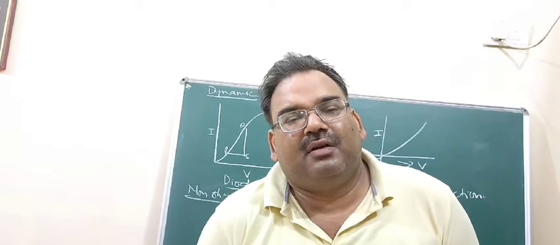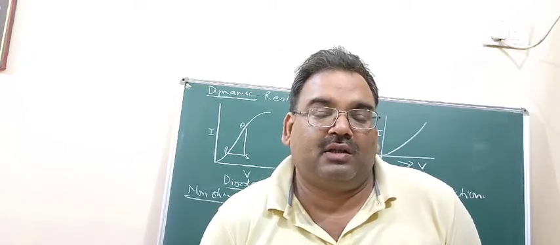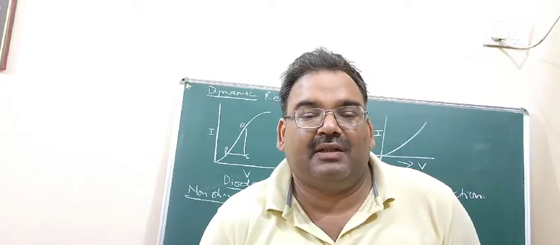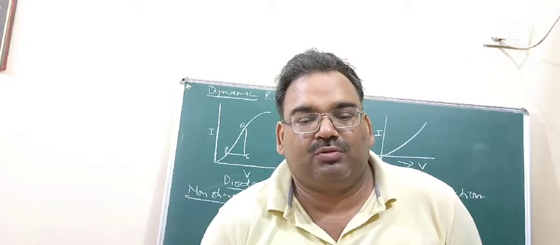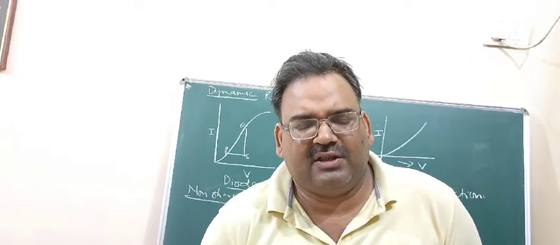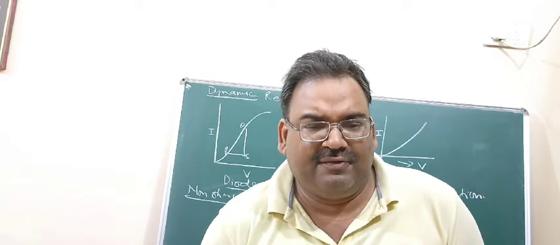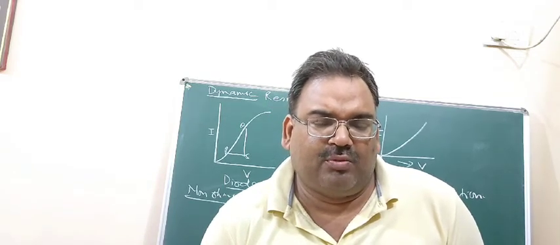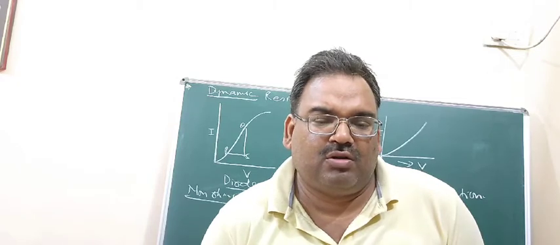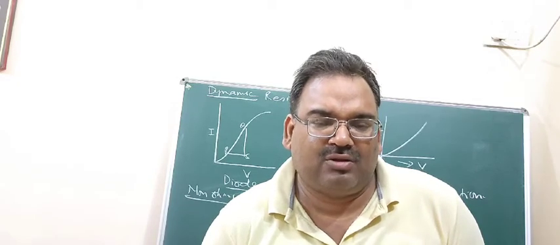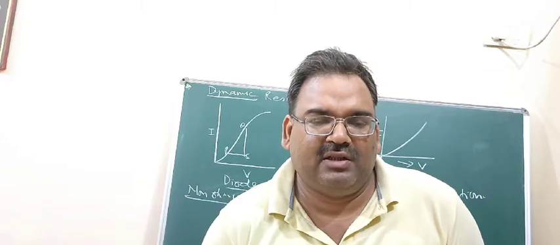If the conductor is a metallic conductor, it will strictly follow Ohm's law. So the graph will be a straight line. These conductors are known as ohmic conductors. So metal is an ohmic conductor. If the conductors are not obeying Ohm's law, then they are known as non-ohmic conductors, and their graphs are not straight lines. They are generally curved.